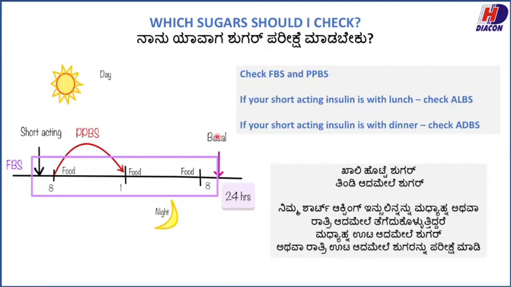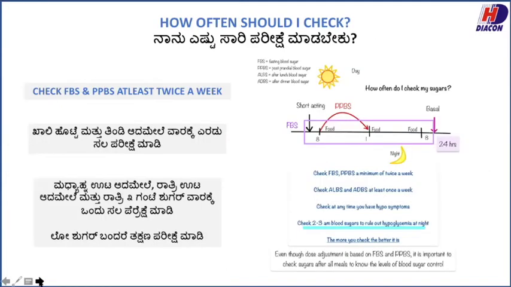So whichever meal you have been asked to take the short-acting insulin with, check the sugars 1.5 hours after that meal, and also check your fasting blood sugars. Check at any time when you have a low blood sugar, of course, because we want to make sure that we actually have a low. Then we correct the low sugar by having 3-4 spoons of glucose and a snack. We recheck after 15 minutes to make sure the sugars are normal again.